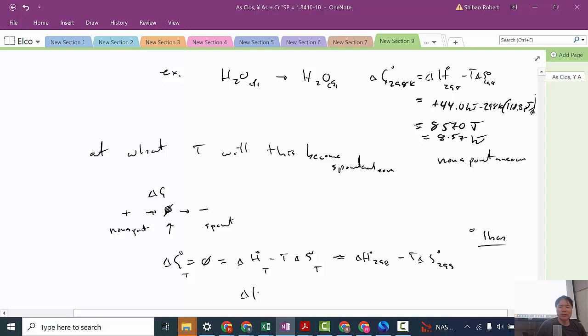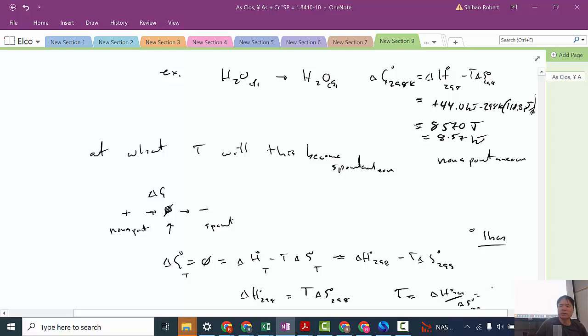That means delta H naught at 298 is going to equal T delta S naught at 298. So T is going to be delta H naught divided by delta S naught. Both of these are at 298. This is an approximation, right?